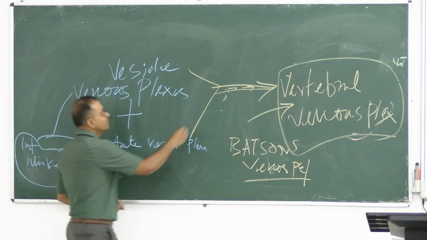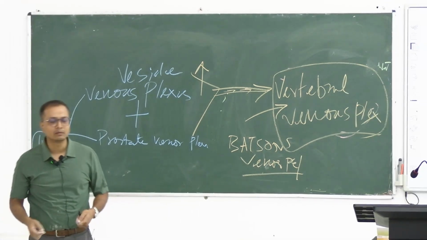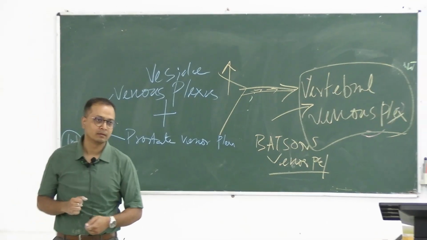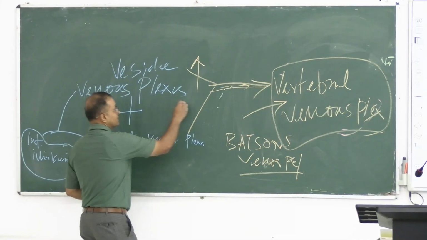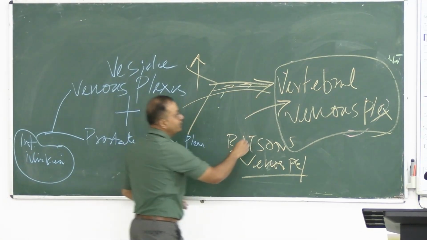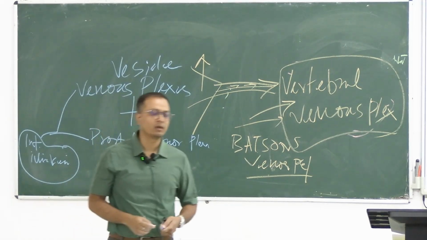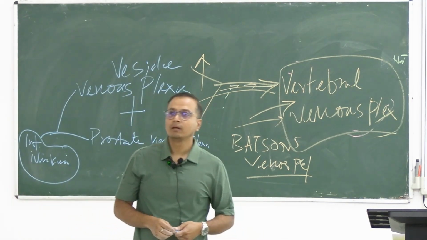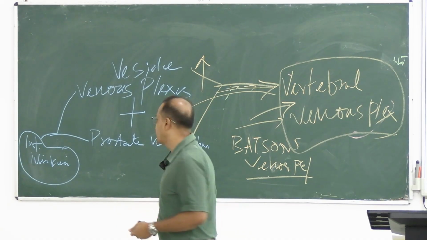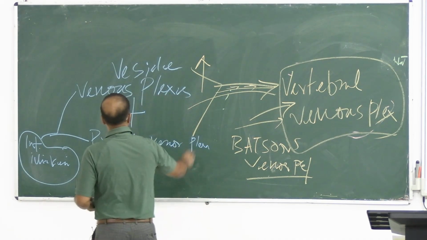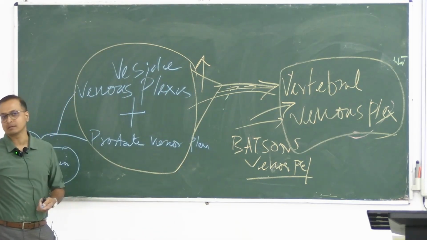If we have increased intra-abdominal pressure during coughing, during micturition, or while carrying any loads, blood from this plexus can seep through and end up in the vertebral veins. Normally, there is no trouble whatsoever. When does it get to be trouble? If you have cancers of the prostate gland or of the urinary bladder, then this vertebral venous plexus of Batson matters.